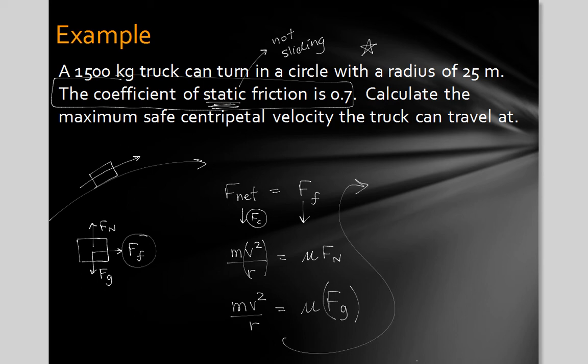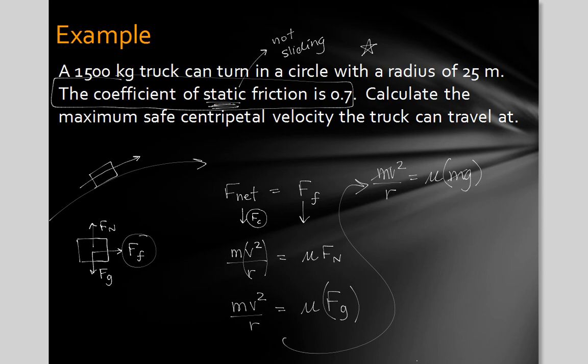Let's move this up here. We have mv squared over r is equal to mu times Fg, and we can substitute in the formula for Fg as mg. Now looking at the left side and the right side of the equation, we can see that there's a mass on both sides, so we can cancel the masses.